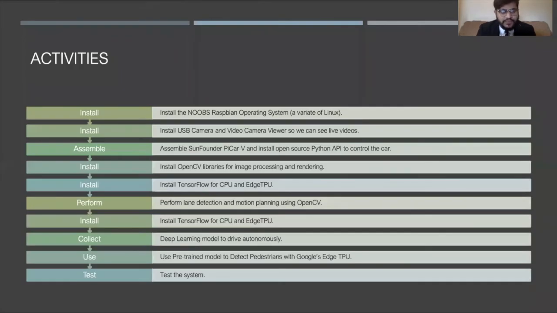So the activities which were performed while this project was being developed, I will try to go as deep as possible because a lot of technologies have to be integrated together, starting with the specific version of the OS, which is a Linux variant called NOOBS Raspbian.